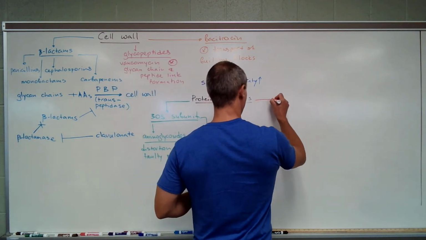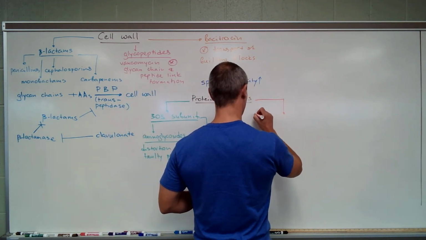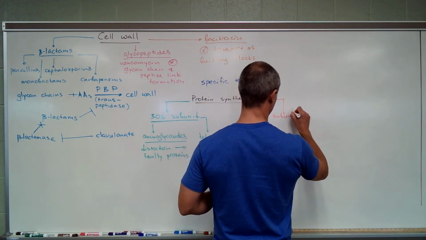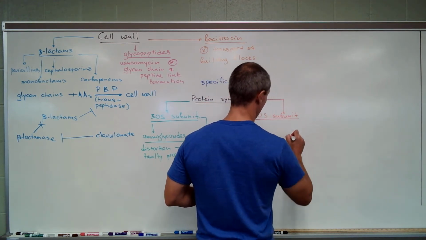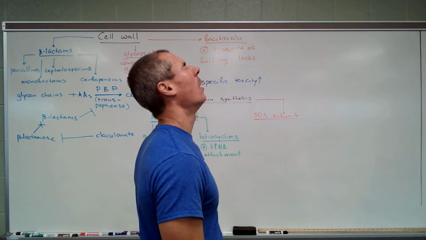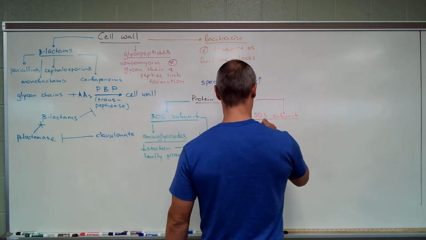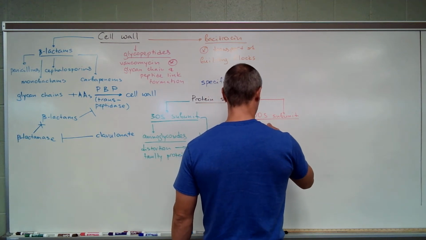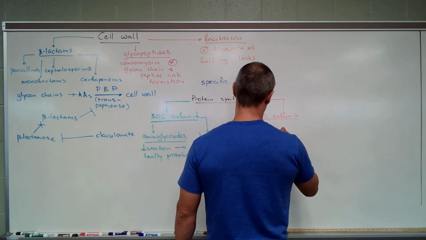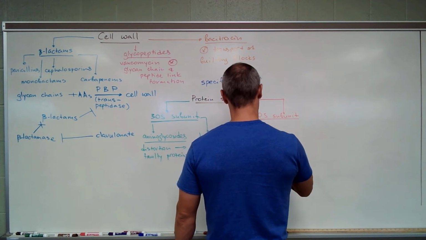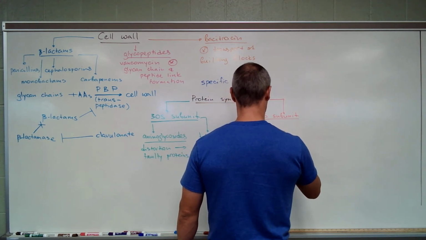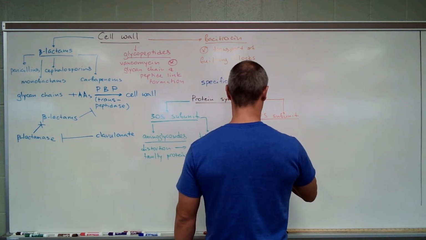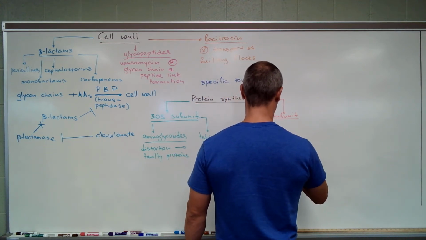Here, we have inhibitors of the 50S subunit, the big, large subunit of the ribosome. Okay, first one, macrolides, streptogramins, lincosamides.